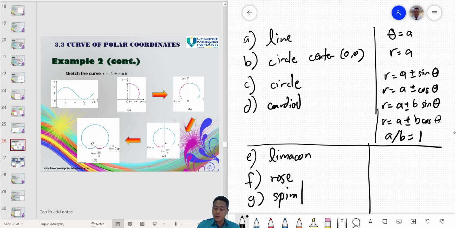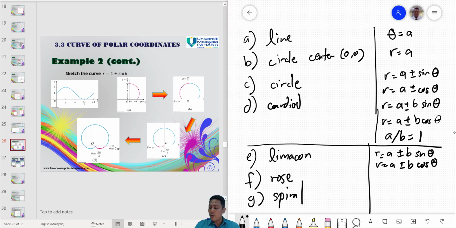For E, F, G, I might write it in a general manner. Limacon is a plus or minus b sine theta, b cos theta, but the ratio is not necessarily 1.